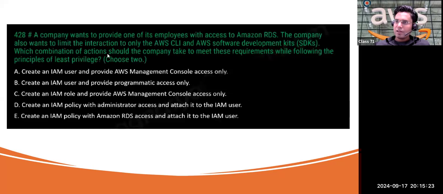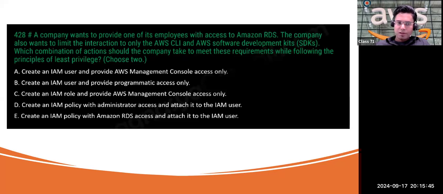So a company wants to provide one of its employees with access to Amazon RDS. The company also wants to limit the interaction to only the AWS CLI and AWS software development kits. Both are command prompt. Which combination of actions should the company take to meet the requirement following least privilege? That's a little complicated.